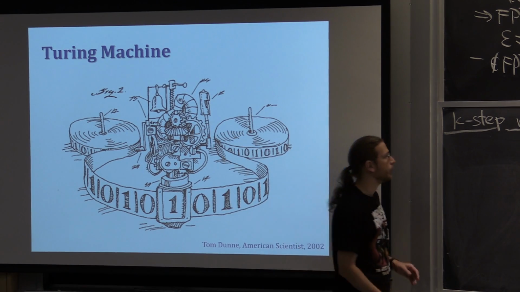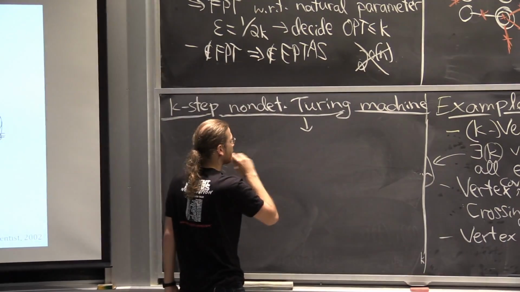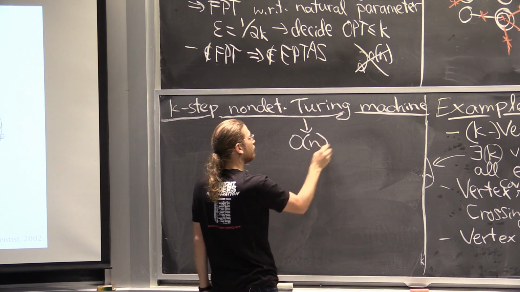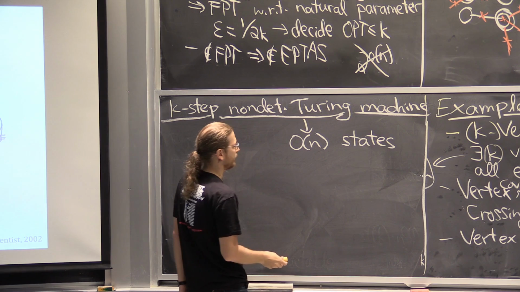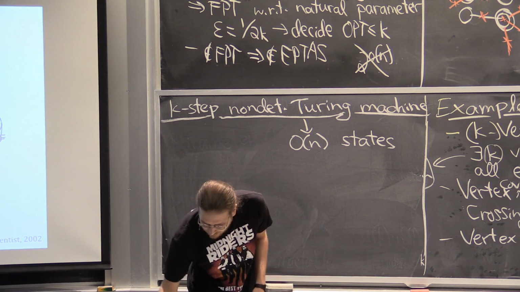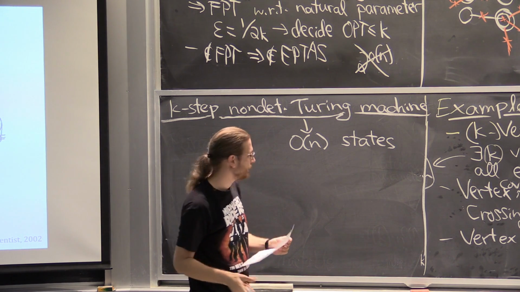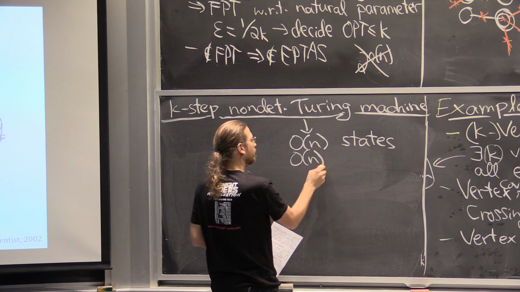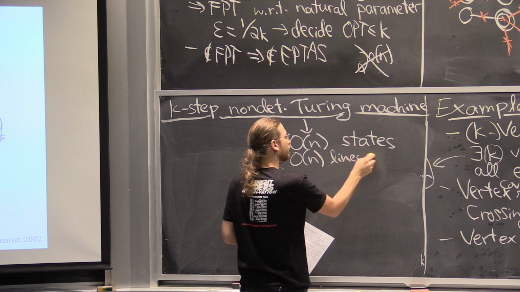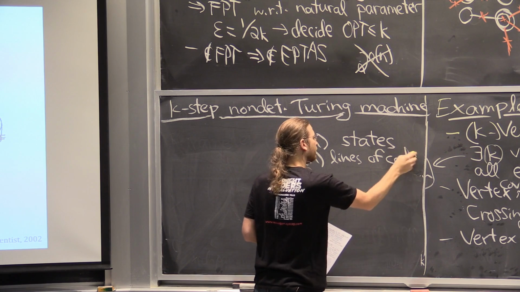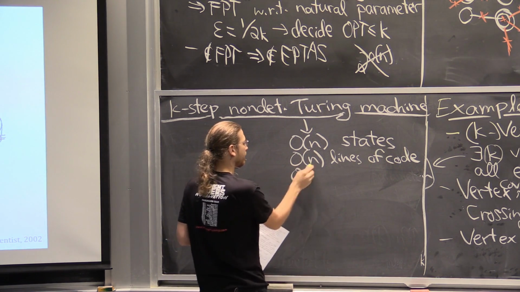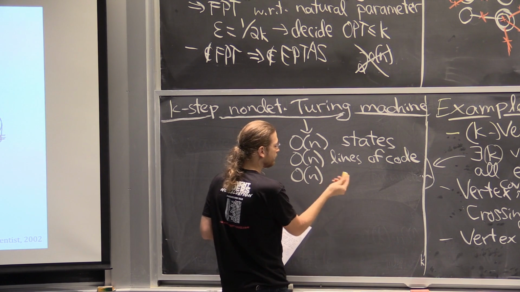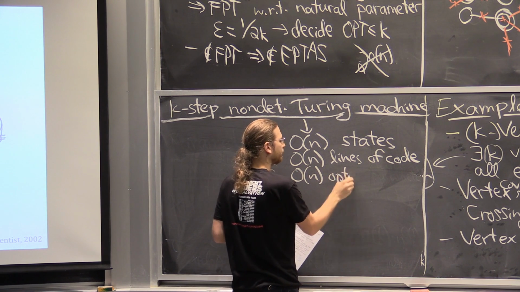And in general, I want the machine to have order n states. Let's say order n lines of code, and order n options per cell of the tape.